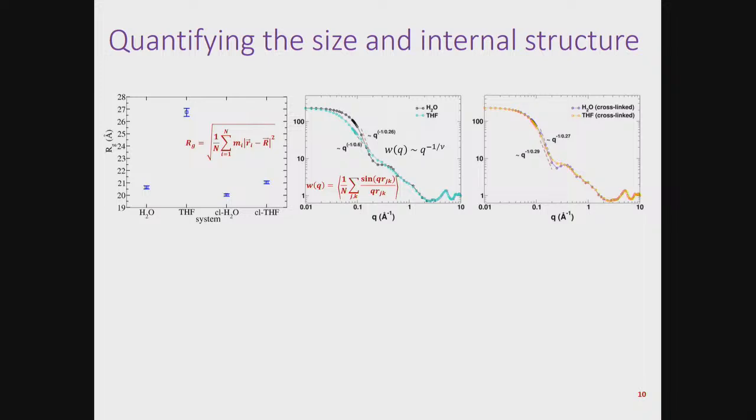But right now, when you transfer it from H2O to THF, the form factor exponents are not very different. So it is swelling while maintaining the globularity. That's what we think is happening. We will do the simulations back and see whether there is any change in the internal structure, but right now we have that signature.